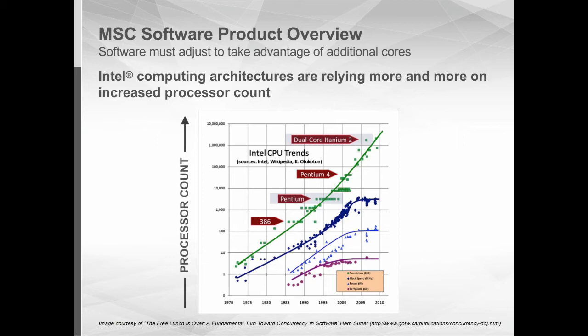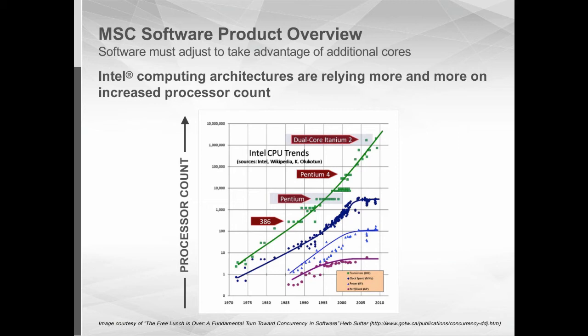As you can see, starting in the mid-2000s, clock speed, which is in dark blue, started tapering off, but transistors related to core count started to grow. This, of course, was clearly illustrated in Paul's part of the presentation, and is a critical part of the work that we do here at MSC Software to make sure we are constantly on the cutting edge.